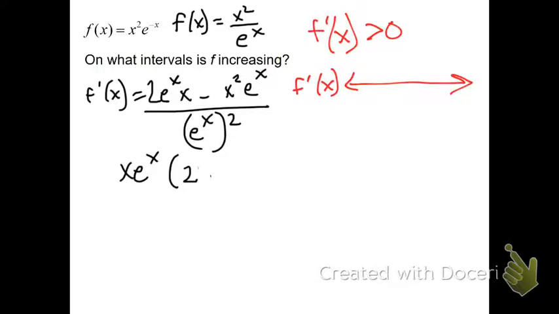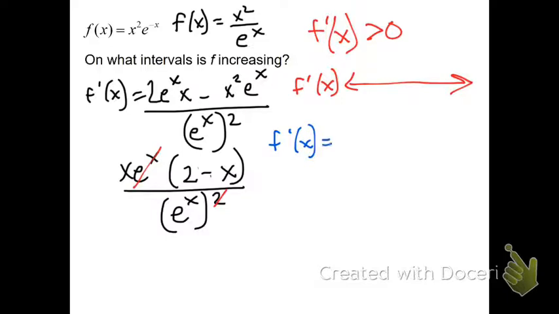Okay, I'm factoring out an x and an e to the x, so I'm left with 2 minus x. And now I can cancel an e to the x from the numerator and an e to the x in the denominator. So my current derivative would be, I have an x, 2 minus x, and an e to the x.